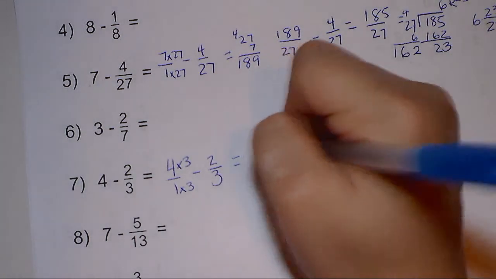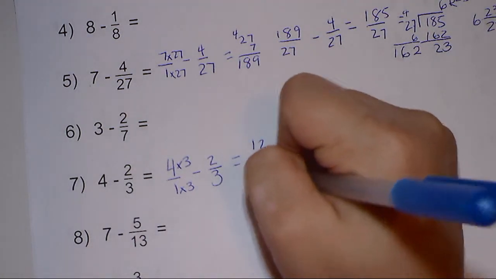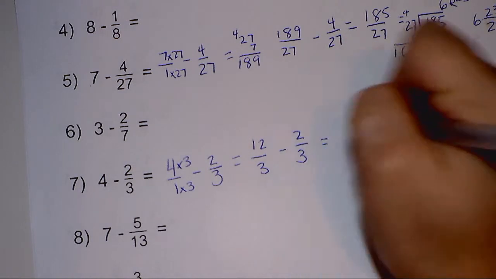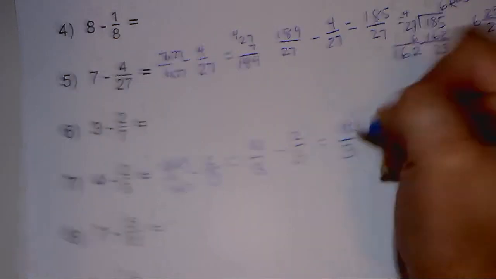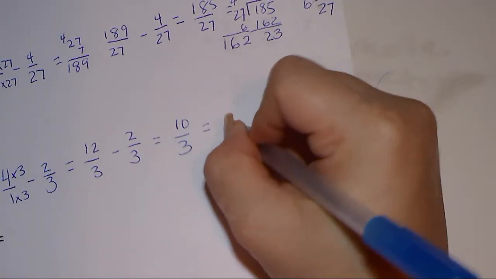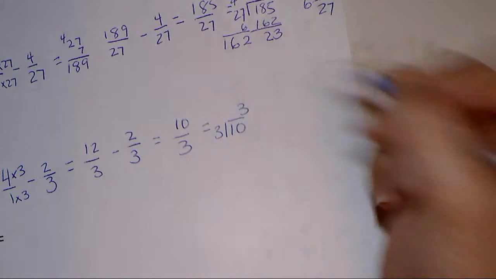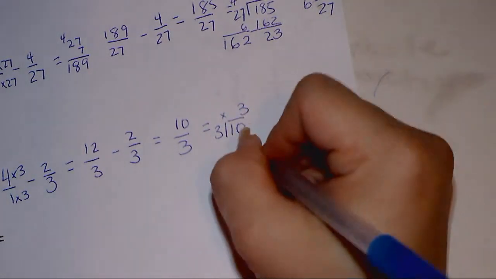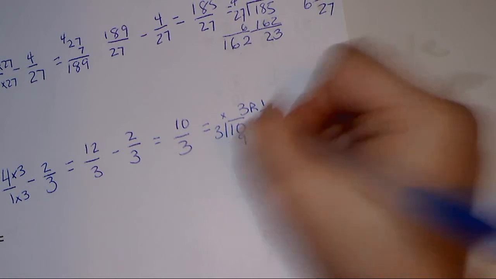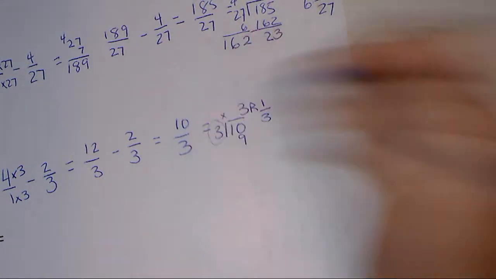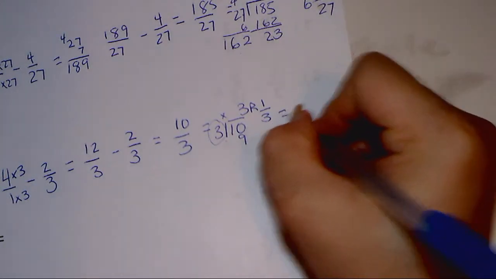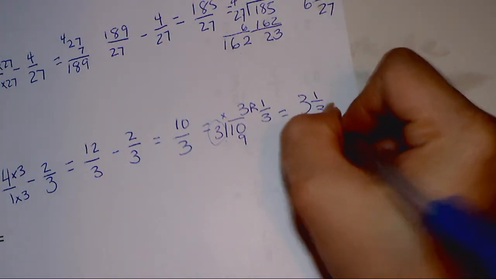Rewrite it: 12 over 3 minus 2 over 3 equals 10 over 3. 10 divided by 3 goes into it 3 times. 3 times 3 is 9. So remainder is 1 out of 3. Where do I get that out of? Because what am I dividing by? So my answer is 3 1/3.